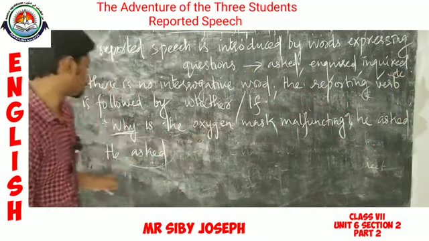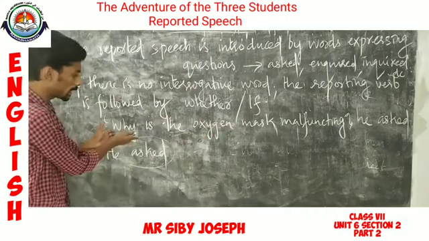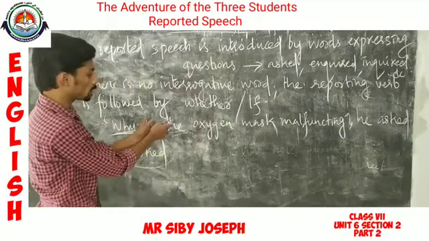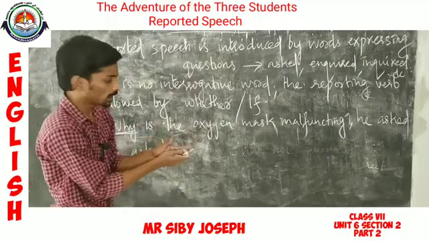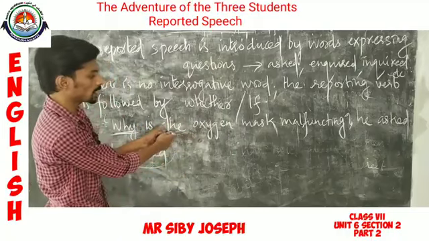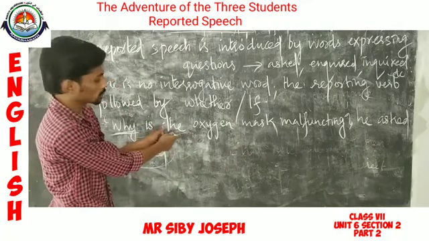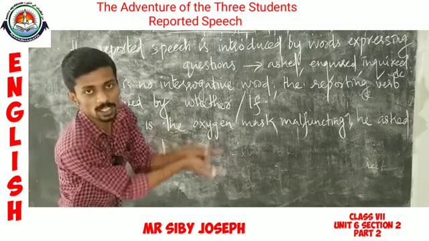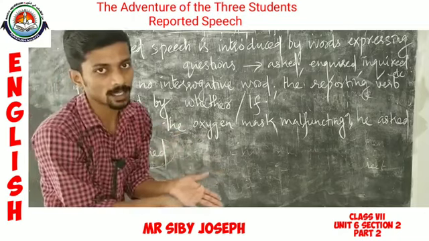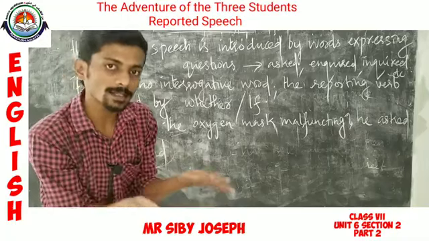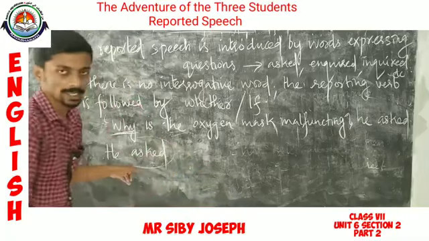He asked. Then look at the sentence. Why is the oxygen mask malfunctioning? It is written in which tense? It is written in present continuous. So, this present continuous will be changed into which tense? Its corresponding past tense. Which is the corresponding past tense of present continuous? Past continuous. So, how will the sentence be?